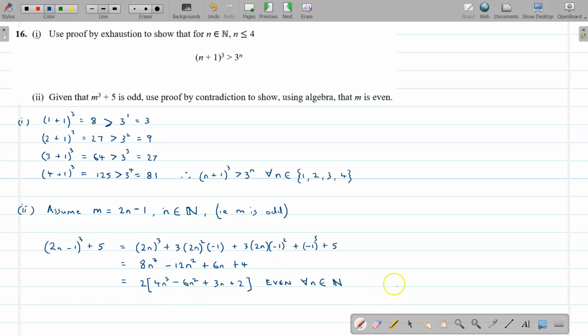And then we want a conclusion, and we also need to say that that would imply that m cubed plus 5 is even, and that's the contradiction, you see. So we just need to say this contradicts the original statement.